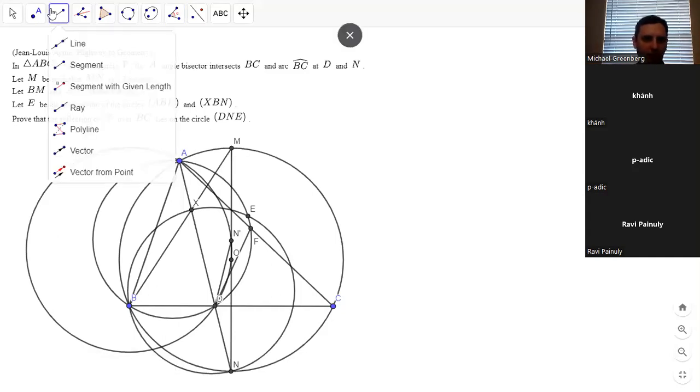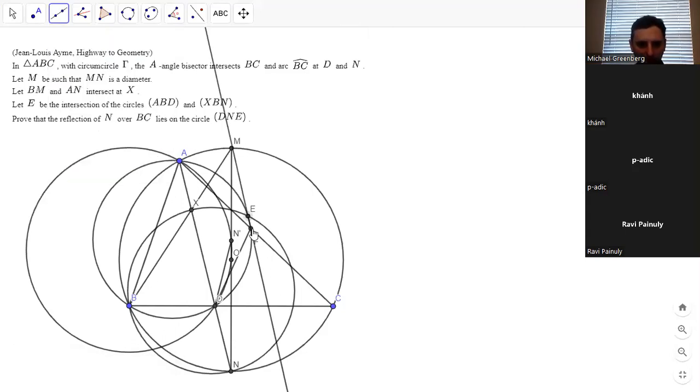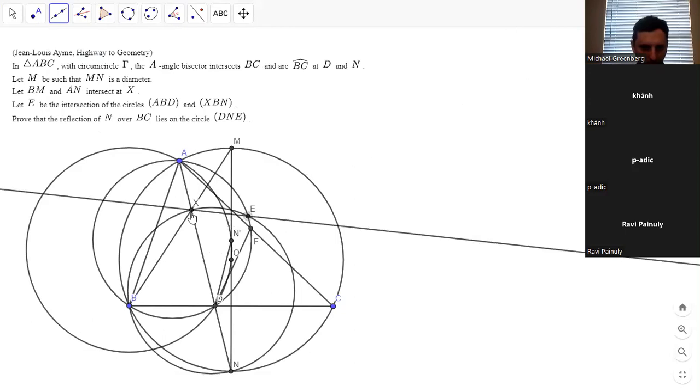Let's check point E. Is there anything special about point E? Anything that we can say?